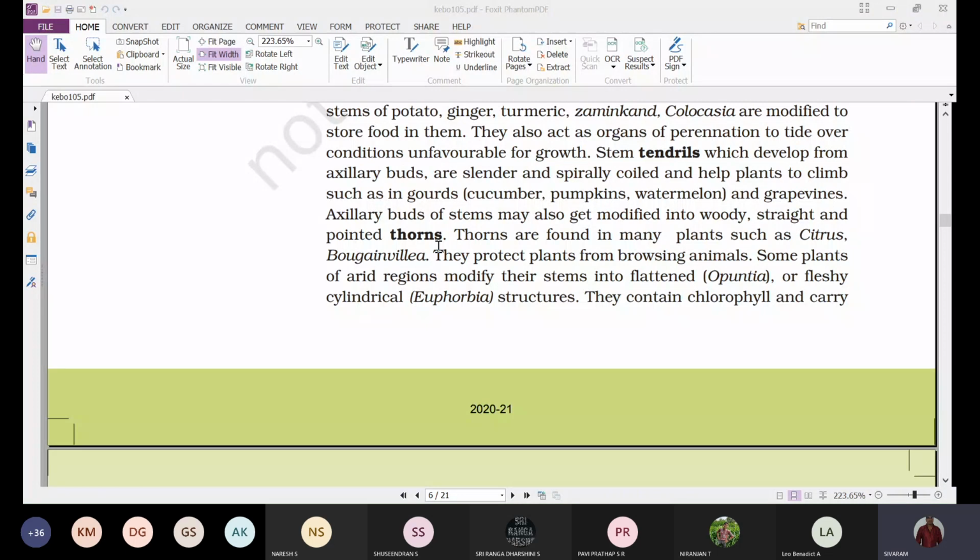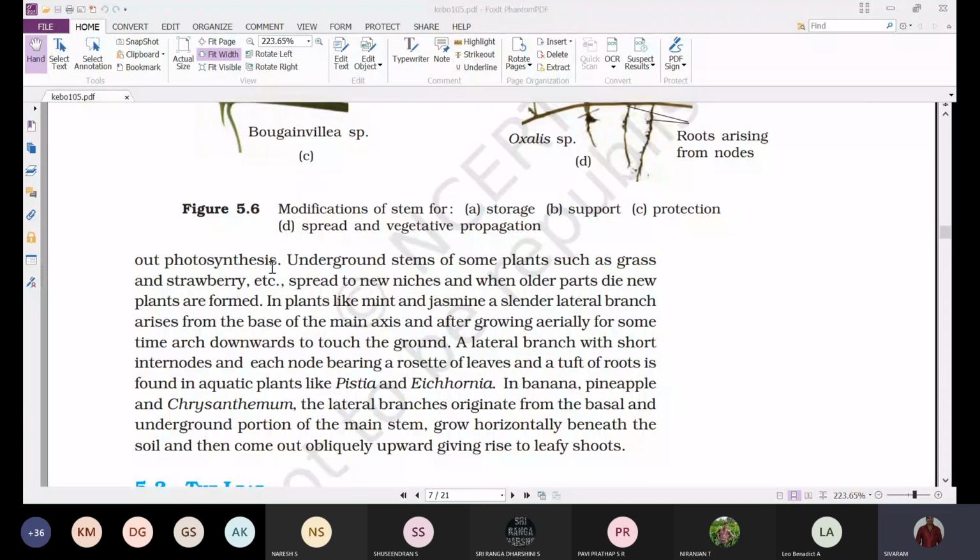That is, some plants of arid regions modify their stems into flattened, that is Opuntia, or fleshy cylindrical structures called Euphorbia. In Opuntia it is flattened, and in Euphorbia it is fleshy and cylindrical. In both, they contain chlorophyll and carry out photosynthesis.